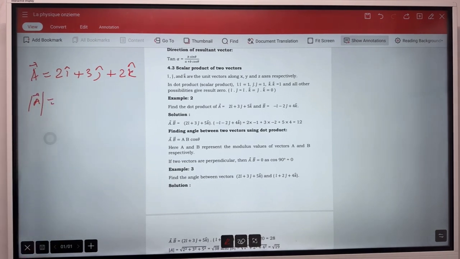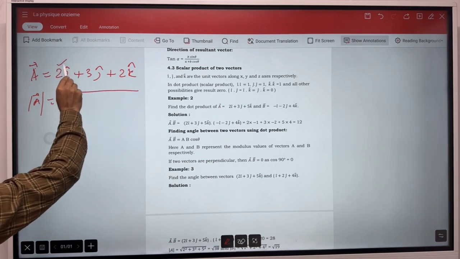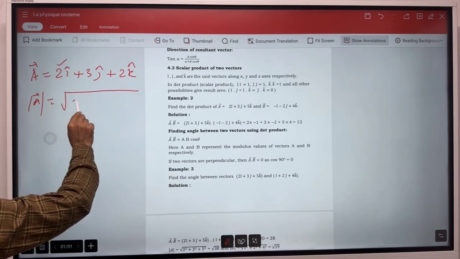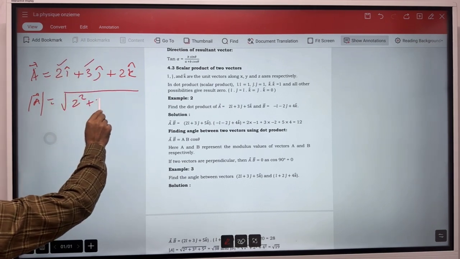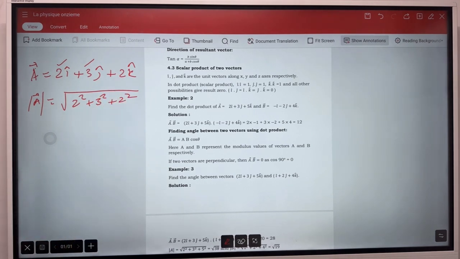What will it be? If you remember, we have done it earlier. So square of this number 2 square, then square of this number 3 square plus square of this number. So this will give modulus.